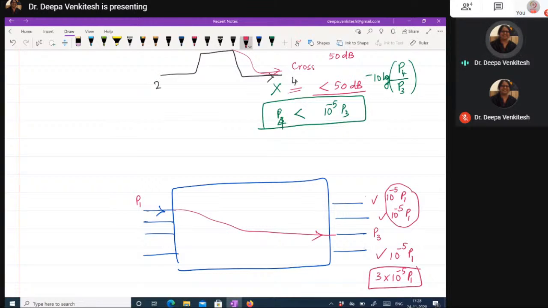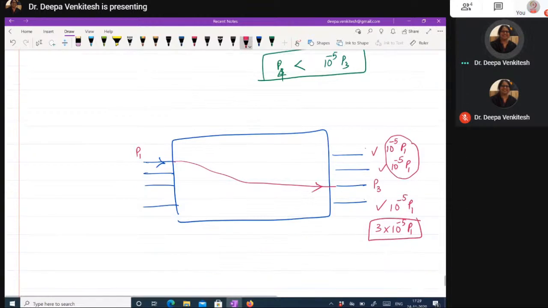So what would be the net crosstalk suppression? I originally had 50 dB. From that, I'll have to subtract this one, and that will be my crosstalk suppression. Now, if we want the crosstalk suppression to be 40 dB, what should be the crosstalk suppression for each of them? So it's the same question asked in a different way. You do 50 dB minus 10 log of 3 into 10 power minus 5.